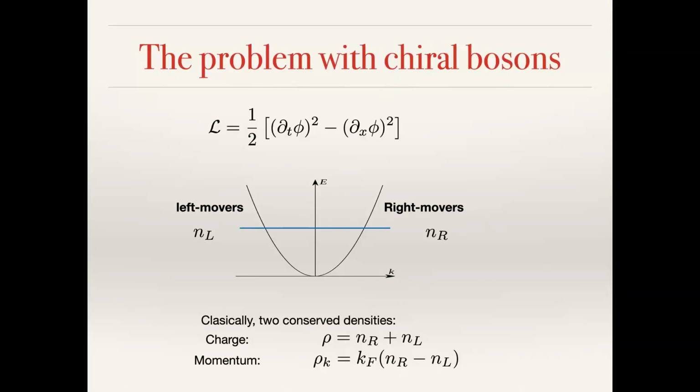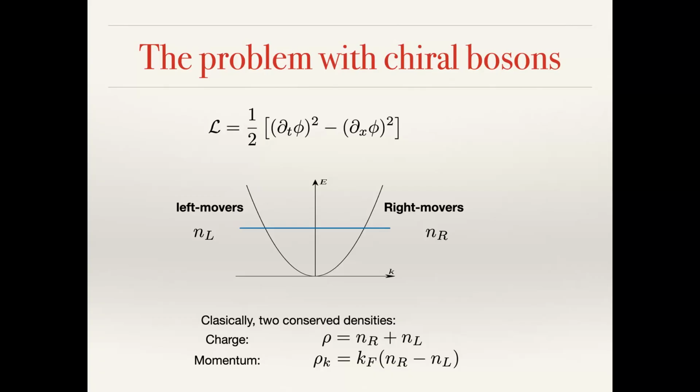Right, but if you allow one of them to be shifted over in momentum space, you can think of this as right moving and left moving branches of some Fermi surface. So we can take our fermions in one dimension, we can describe them as bosons, okay? And roughly speaking, you get this action, and you can think of right movers being on the right branch and left movers being on the left branch.